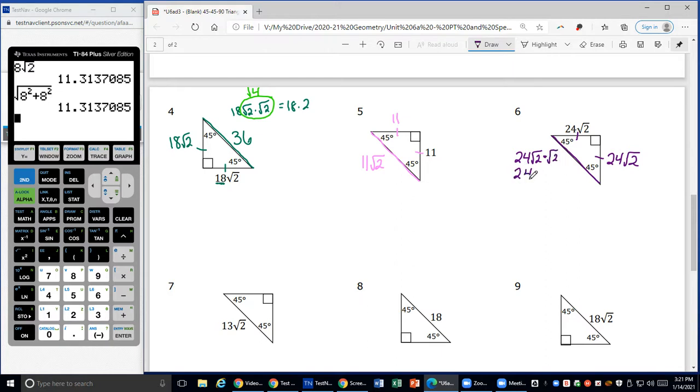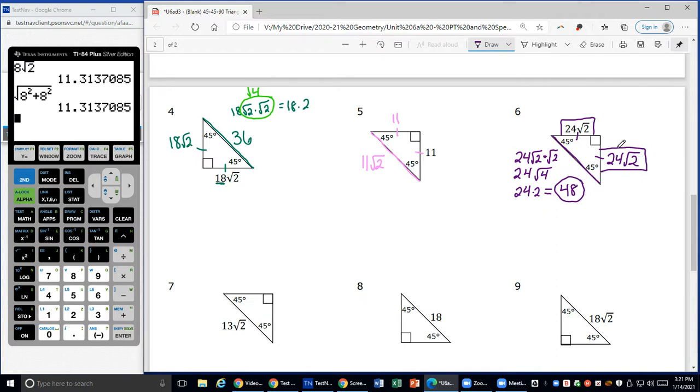So that's going to be 24 square roots of 4, which is 24 times 2. And so my hypotenuse then is going to be 48. Okay, so my legs are 24 square root of 2, 24 square root of 2, and my hypotenuse is 48.